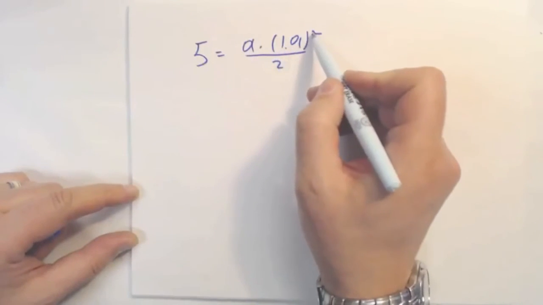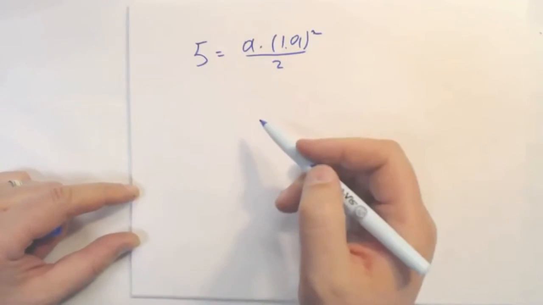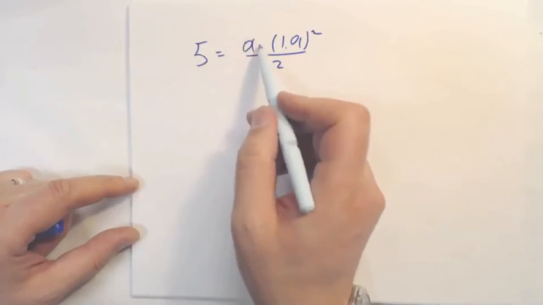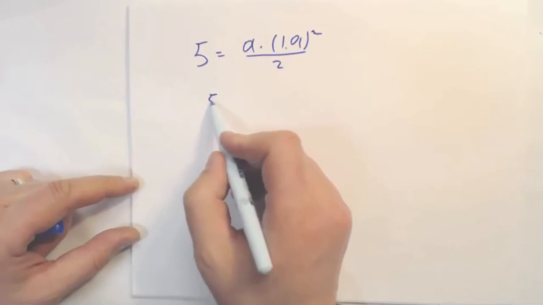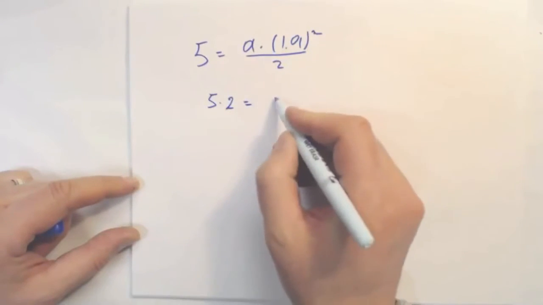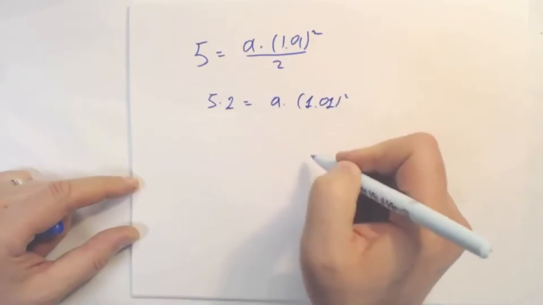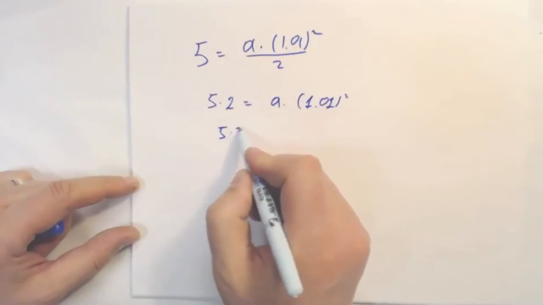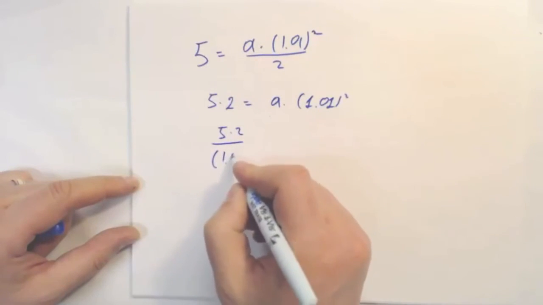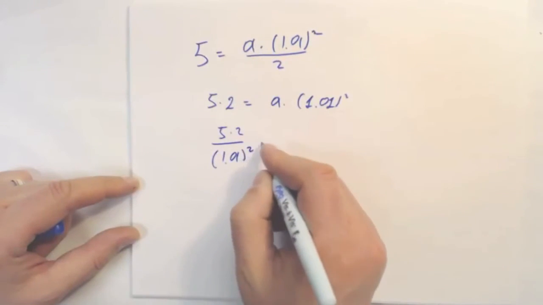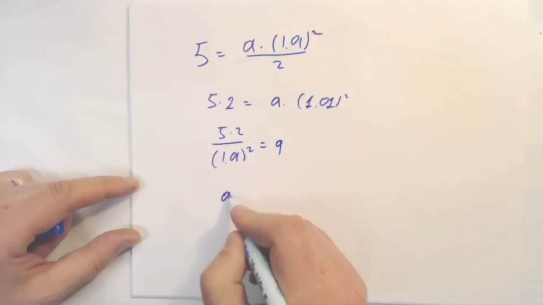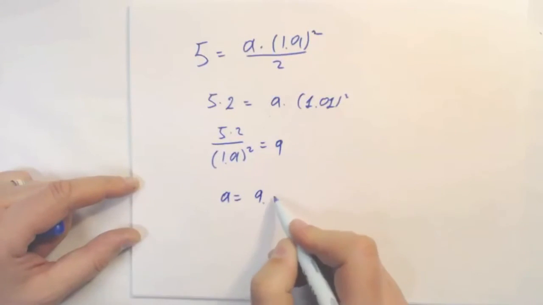This is our equation. To solve this for our unknown, which is a, we just have to multiply everything by 2 at first, and then divide by 1.01 squared, and that finally gives us 9.8.